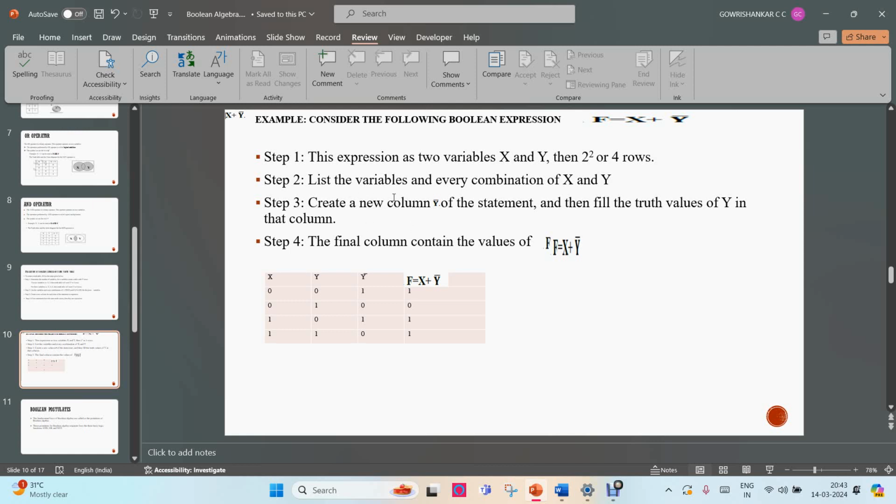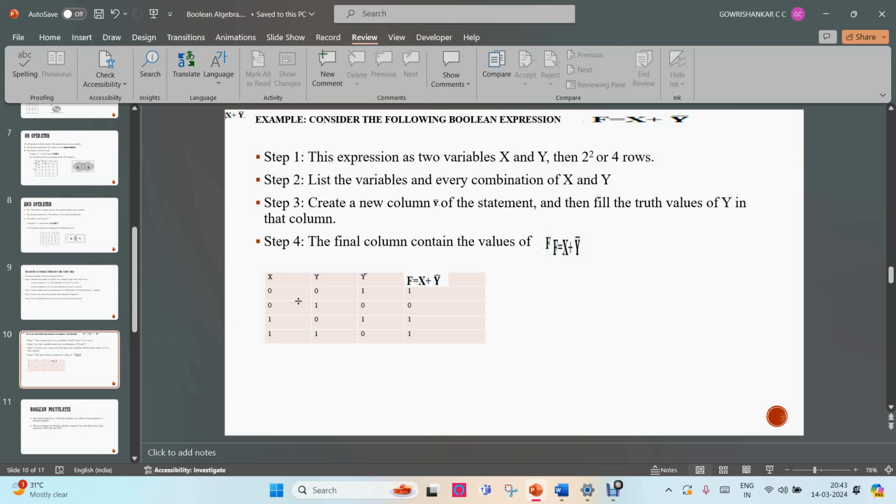Create a list of every combination of x and y. Create a new column for y bar, because we need the y bar statement, and then fill in the truth values. The final column contains f equal to x plus y bar.